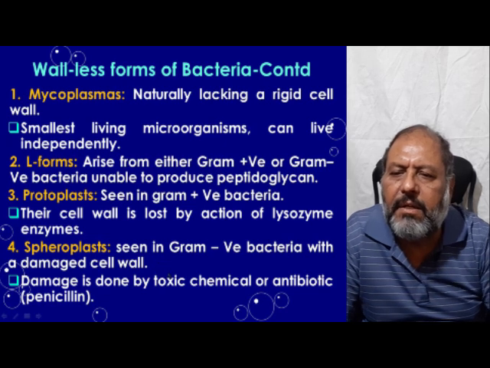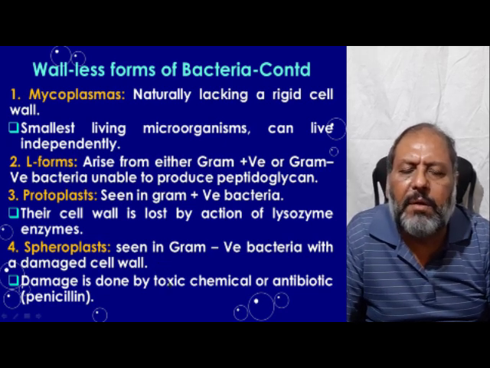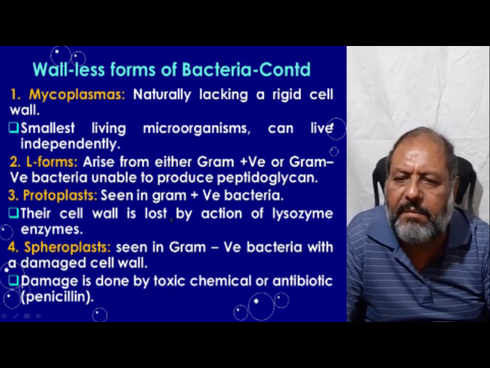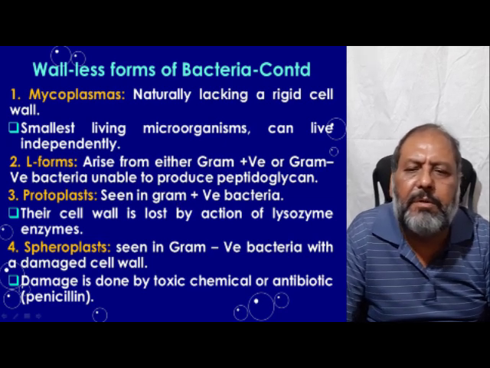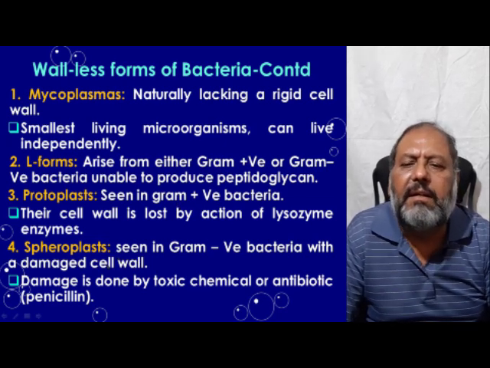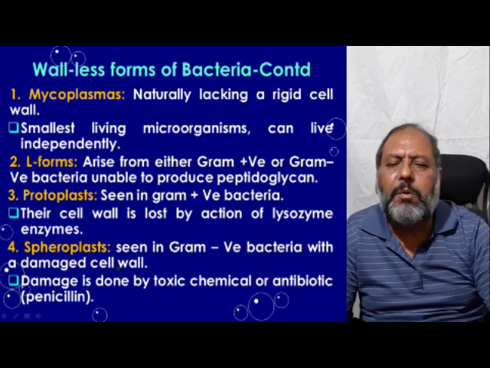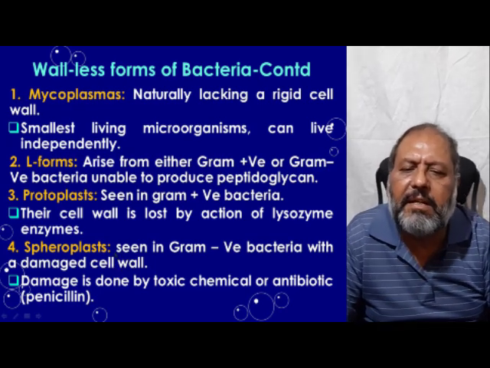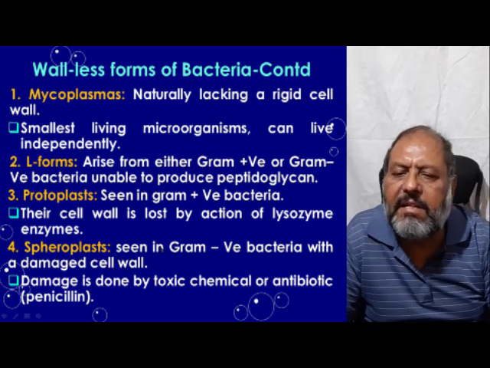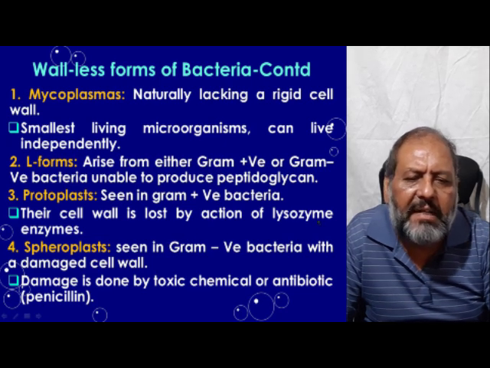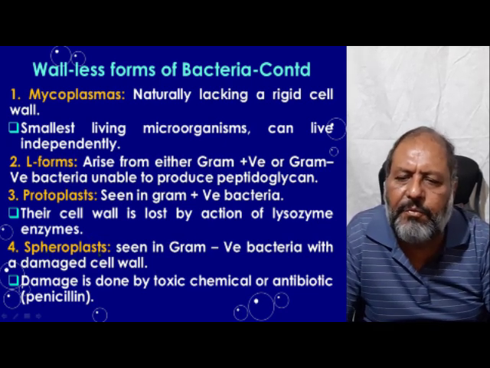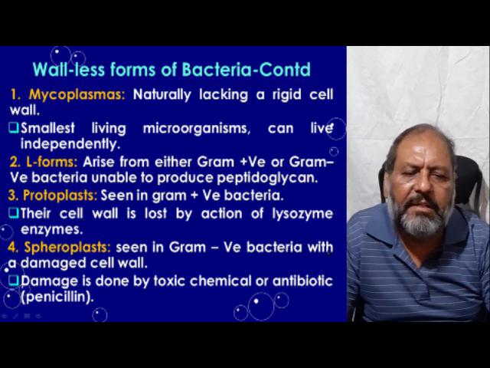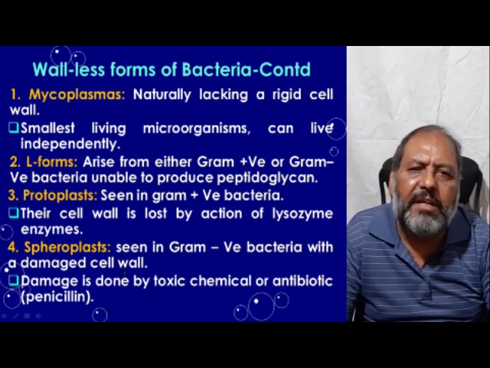Then the second is L-form. They arise from either gram-positive or gram-negative bacteria, but they are unable to produce peptidoglycan. So these are called L-form. Then protoplasts are seen in gram-positive bacteria. Their cell wall is lost by the action of lysozyme enzymes. And last is the spheroplast, seen in gram-negative bacteria with a damaged cell wall.